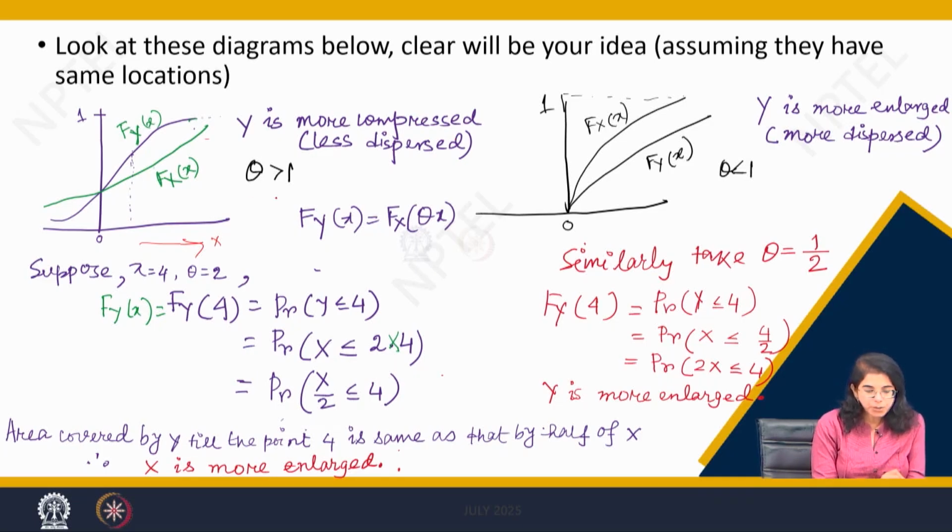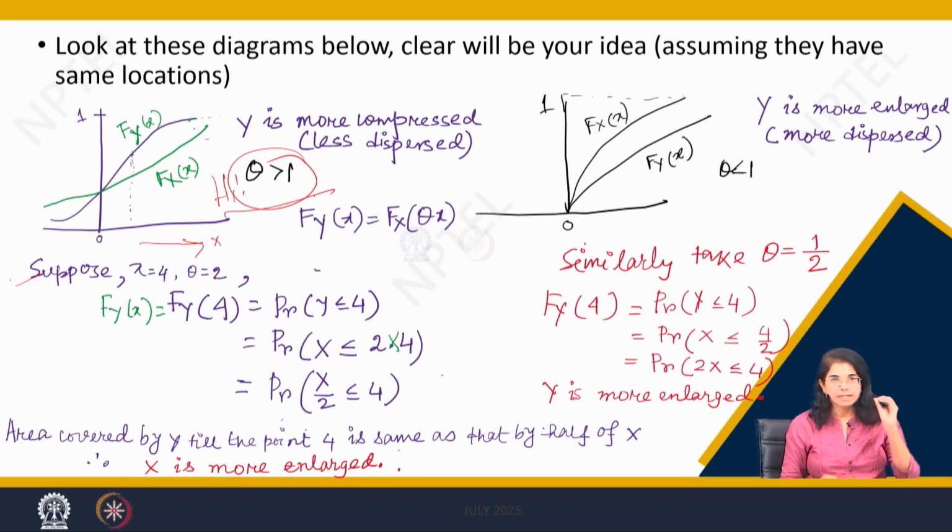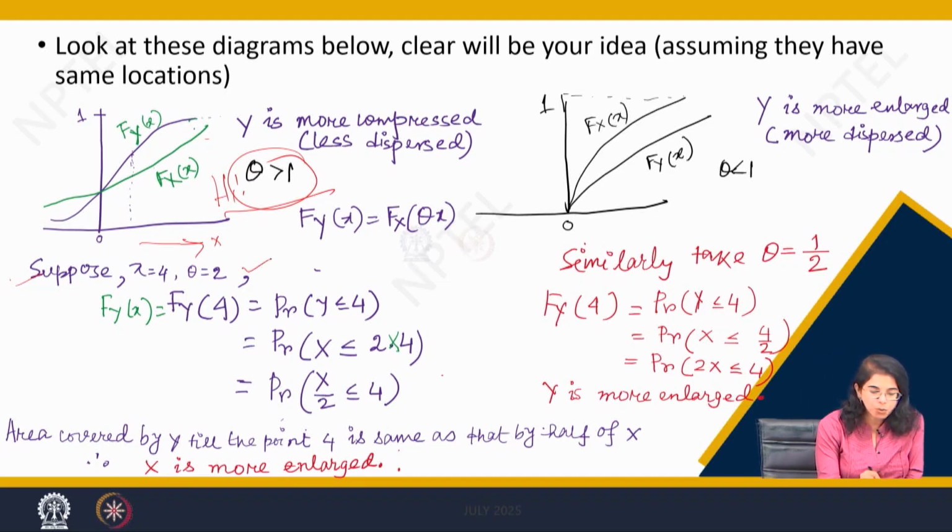If θ is equal to 1, let's take θ equal to 2, θ greater than 1. This is my alternative hypothesis, θ greater than 1. Let's take a specific value of θ. θ is equal to 2, x is equal to 4. This is a particular point-wise clarification we are trying to build.